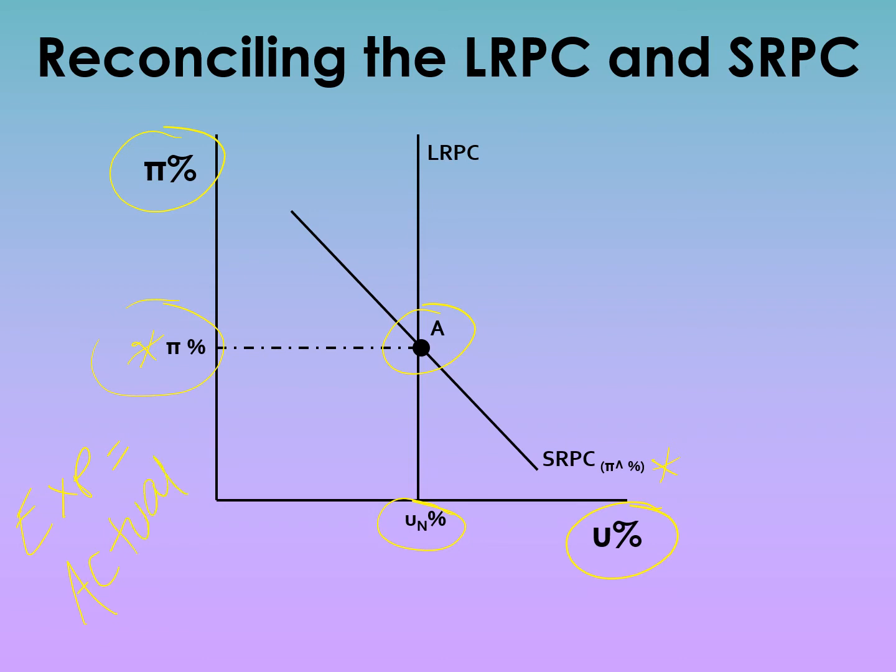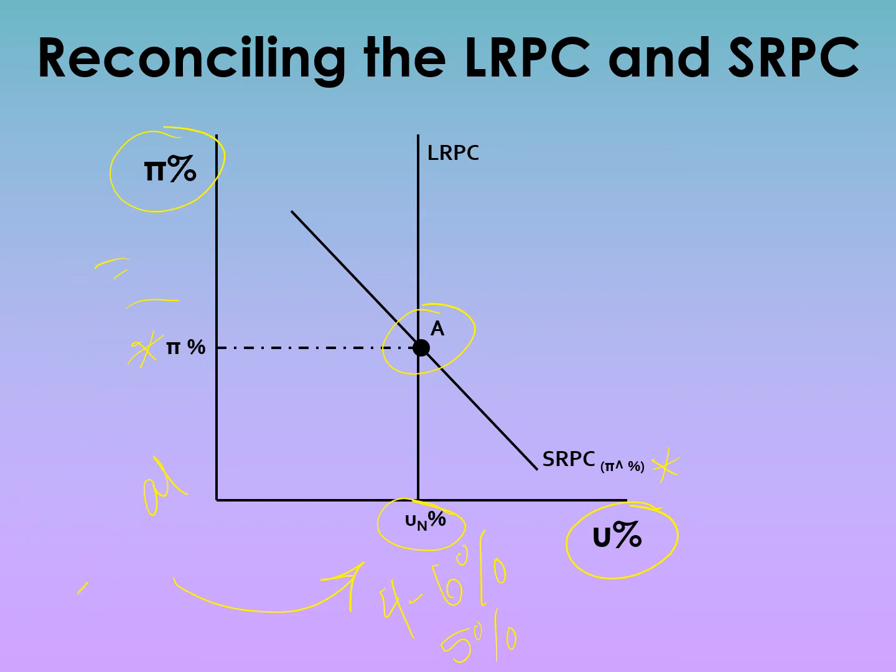But that only happens, like I said, when we're at the natural rate of unemployment, which remember we said is like 4 to 6%. So when we're at 4 to 6% unemployment, the inflation rate we expect is the inflation rate we get. For example, if this is 2% inflation, that means that if we're sitting at 5% unemployment, we're going to expect 2% and we're going to actually get 2%. Okay? I hope that makes sense.